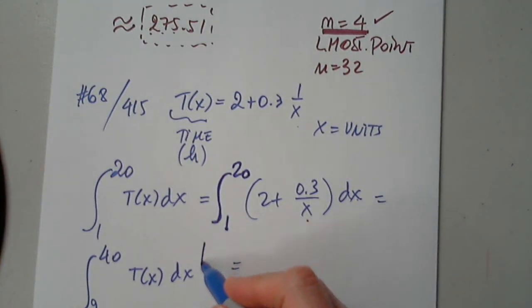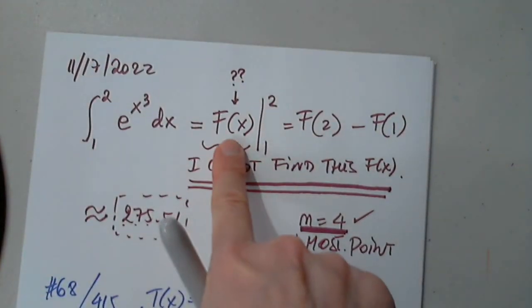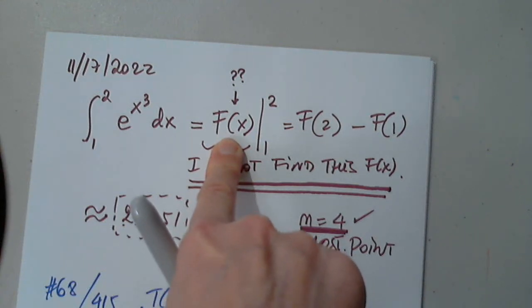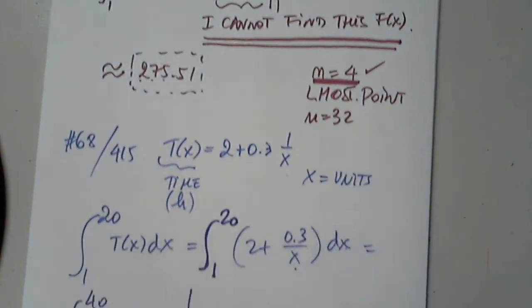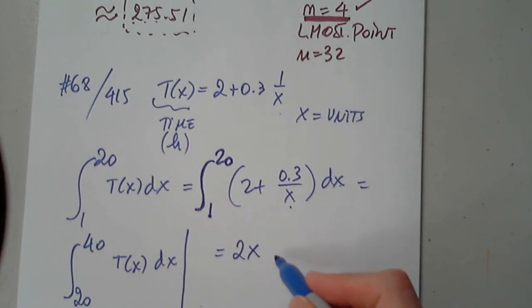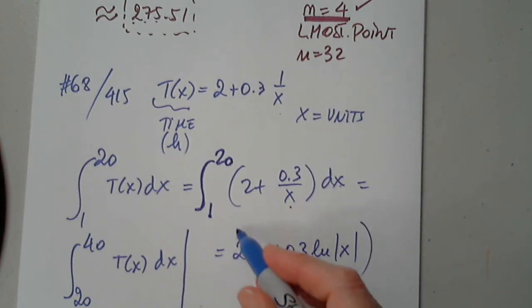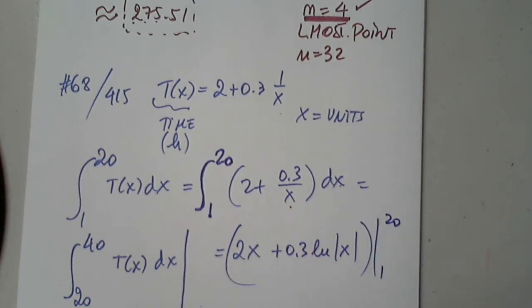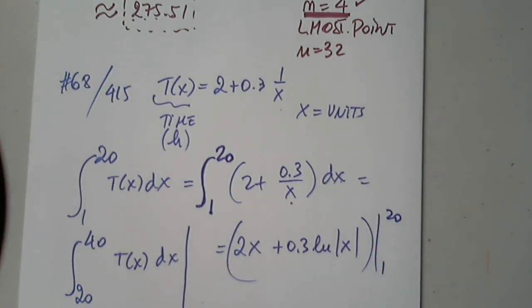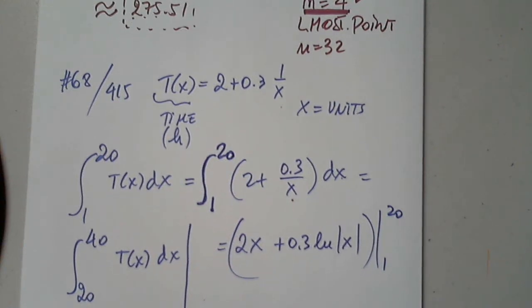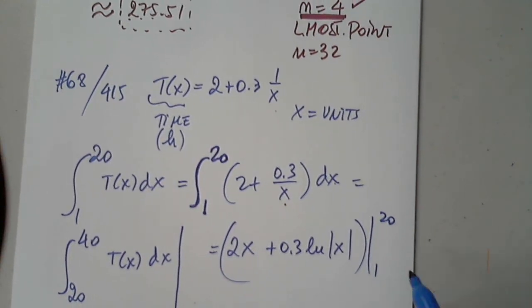So now we find the antiderivative. For this function, I can find it. For the earlier one, I cannot. So we have 2x plus 0.3 natural log of the absolute value of x, from 1 to 20. Is this okay so far? Yeah, I realize what I did wrong now.